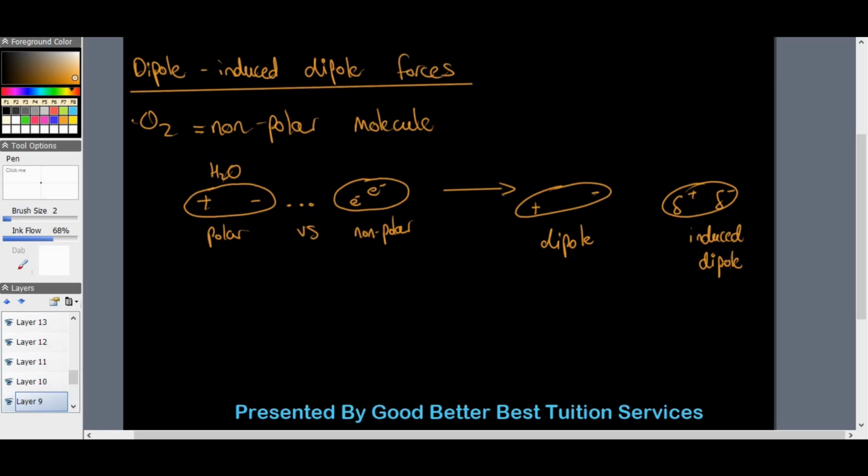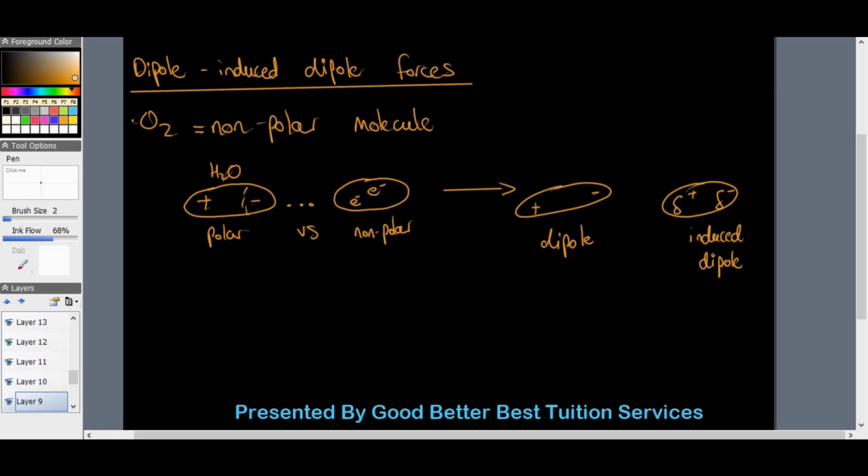So let's read that again. As the negative side, as we see here, of the polar molecule, which is polar H2O, approaches the non-polar oxygen molecule, O2, electrons in the oxygen molecule are repelled. Okay, and the O2 becomes, sorry, not positive, becomes polar.